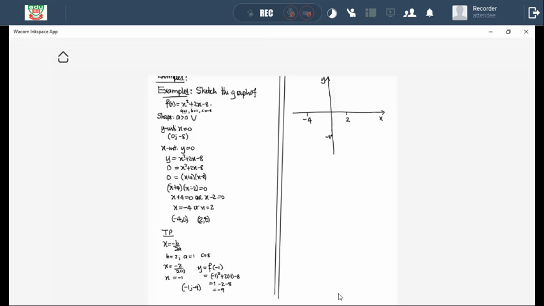Then I also have a turning point, which is negative 1. Negative 1 is there, and negative 8 is somewhere there. Okay, this is going to be negative 1 and negative 9. Now I'm sketching. How do I join these points? I know that the graph is going to pass through that point, that point, that point, and also that point.